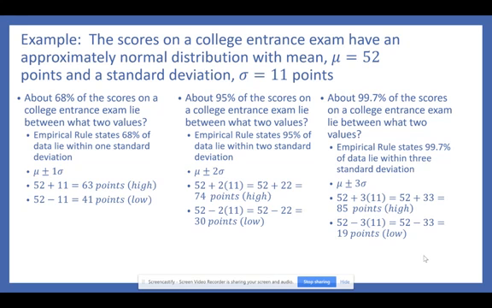And then you subtract as well. So 52 minus 33 is 19. So the range of values would be from 19 to 85. So we should anticipate that virtually anyone who took the college entrance exam should score between 19 and 85 points.